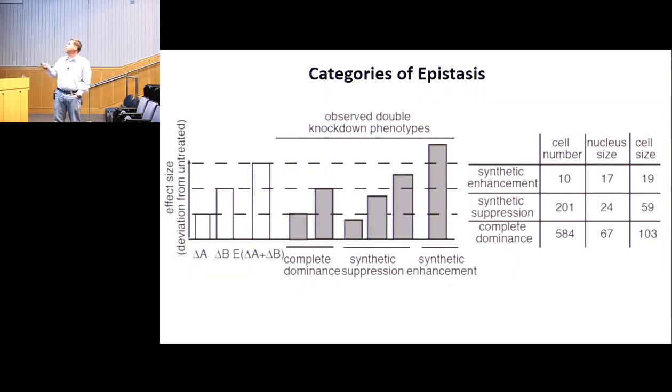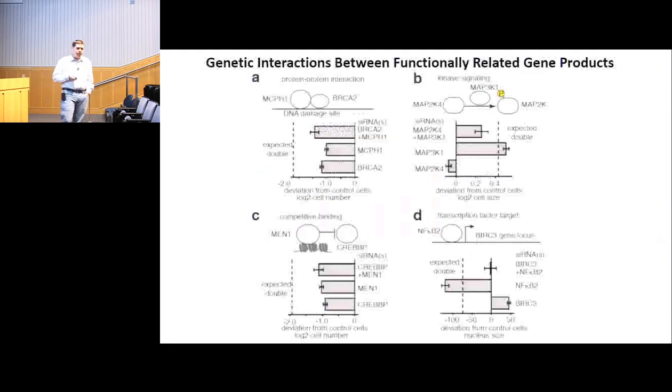We also saw a considerable amount of synthetic enhancement or synthetic suppression. When we dig into what the genetic interactions are, what genes they are between, and what they encode, we see all sorts of examples like protein-protein interactions, kinase signaling, competitive binding at substrates, and transcription factor targets.